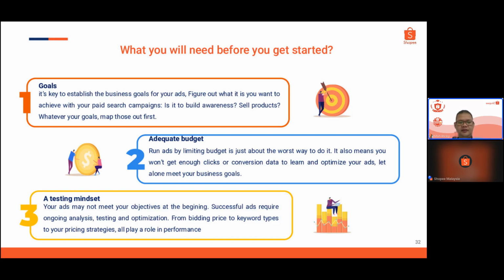When you get a lot of sales, you should keep on increasing your budget, especially for your hero product. Hero product you need to keep on increasing. And then the last one is the testing mindset. Testing mindset is very important. Always test whether it's okay or not.